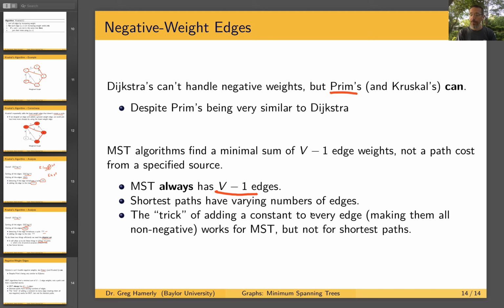So one way of thinking about this is that you could add that constant to make sure that every edge has non-negative cost or weight. I'm not actually saying you have to do that, but this is an effective way of thinking about the problem. Negative weight edges don't matter because we're not summing along some path, we're just totaling up all of the edges. And whether or not some of those edges are negative actually doesn't matter. And if you were to adjust those weights so that none of them are negative by adding a constant to all of them, you're still adding a constant to exactly V minus 1 edges every time.